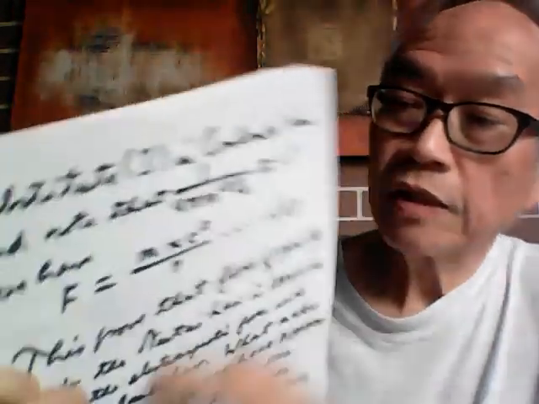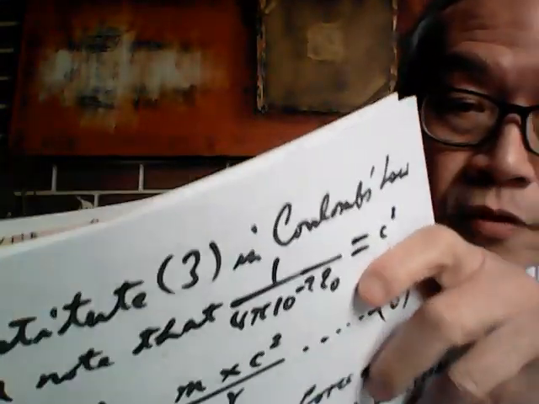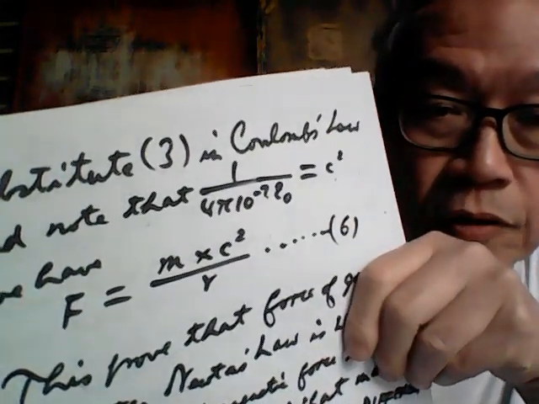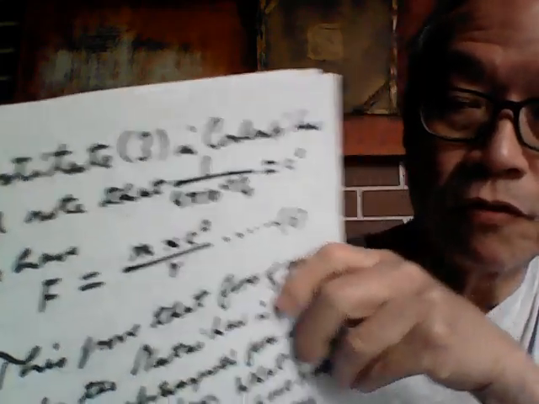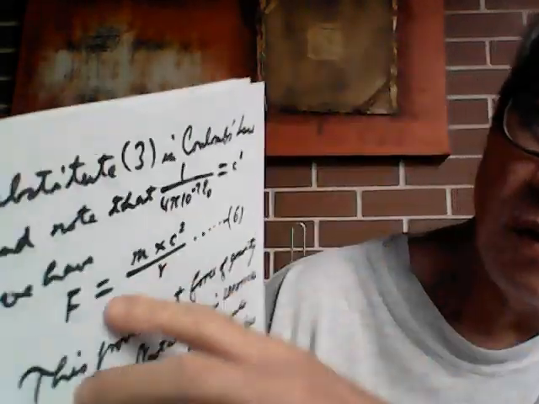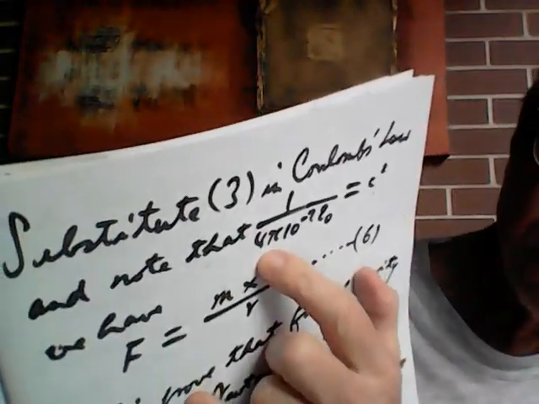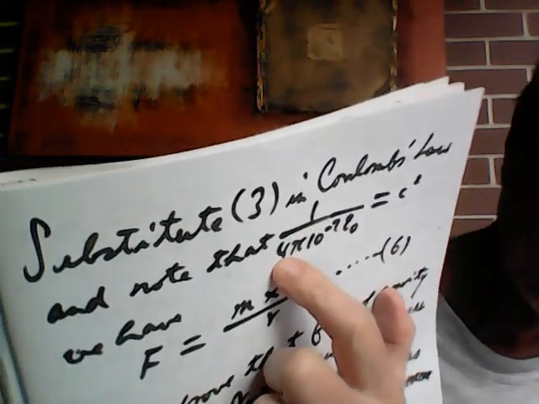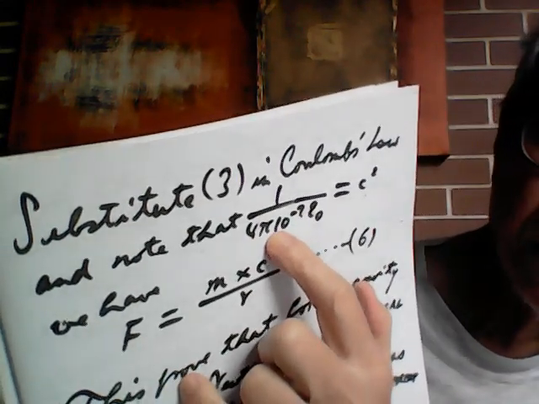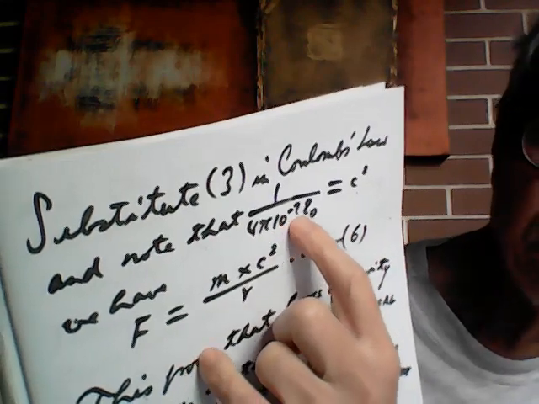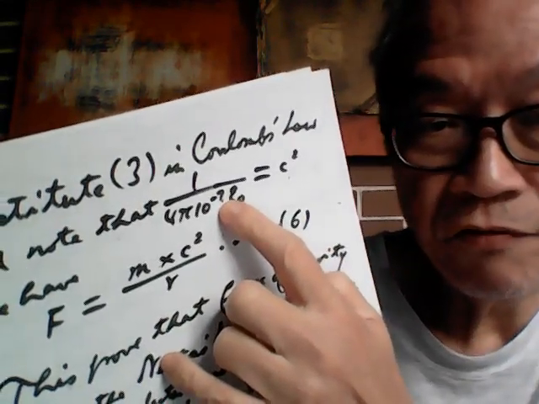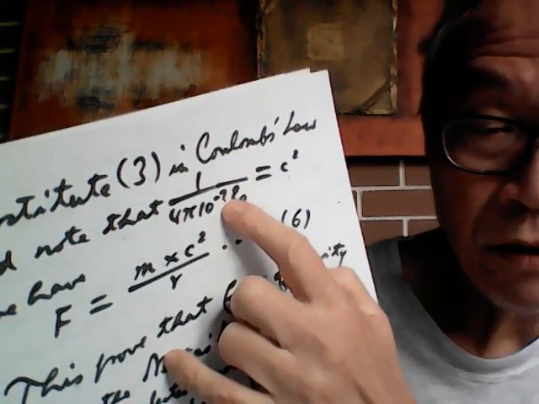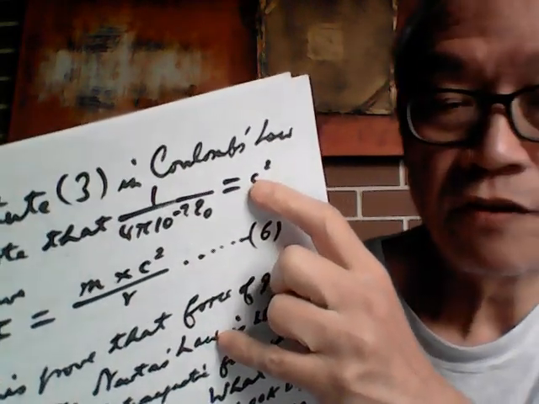Now we substitute equation 3 in Coulomb's law. I have already done that for Newton's law. Now I substitute for Coulomb's law, and you have to look at 1 divided by 4 pi times 10 to the power minus 7 times epsilon naught, 8.854 times 10 to the minus 12 Farad per meter, is equal to c square.